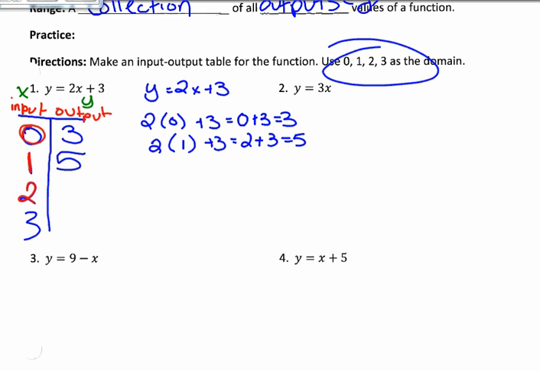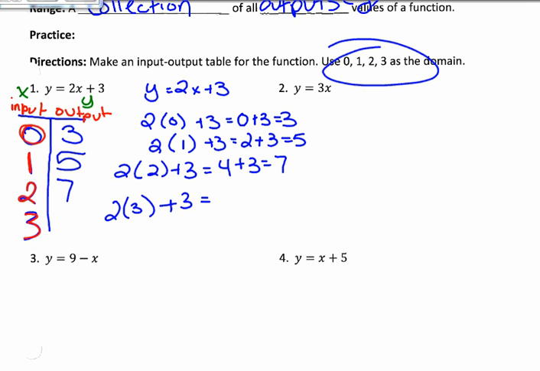Instead of putting in 0 or 1, we're going to put in 2. 2 times 2 is 4, plus 3 is 7. Our last number here is 3. 2 times 3 plus 3. Simplify that: 6 plus 3 is 9.